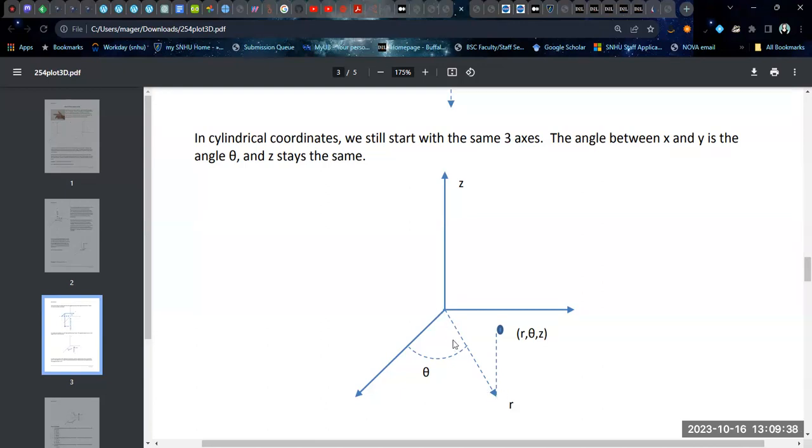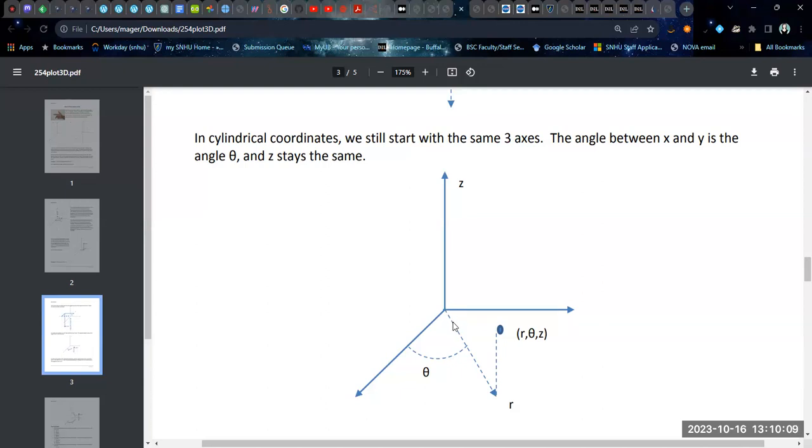So again, you can imagine this kind of being like radius equals 3 and theta is maybe pi over 4, and then Z is maybe 2 or something like that, just moved up from the plane. Again, you have to keep in mind you're in perspective, and so your angles are not going to be exactly what you would imagine on just drawing a 2D grid on the paper.